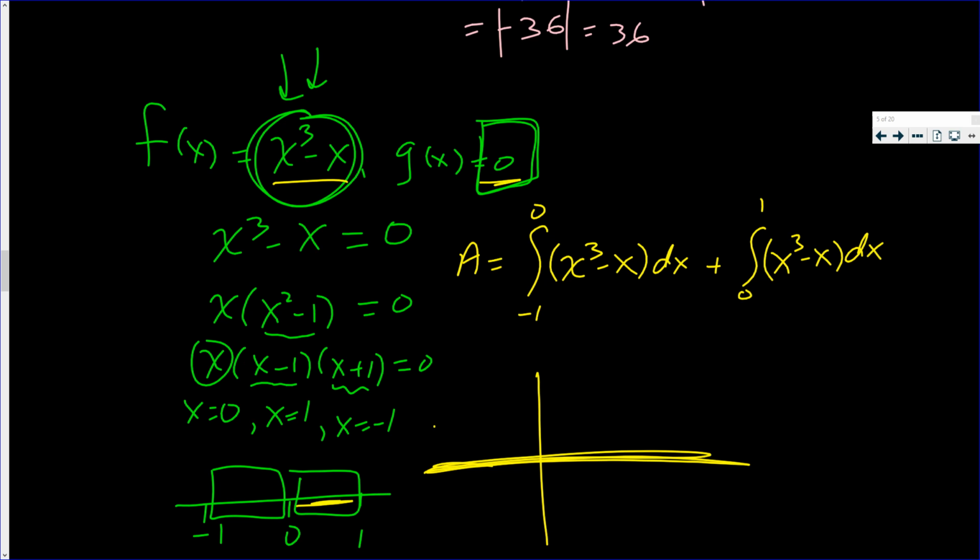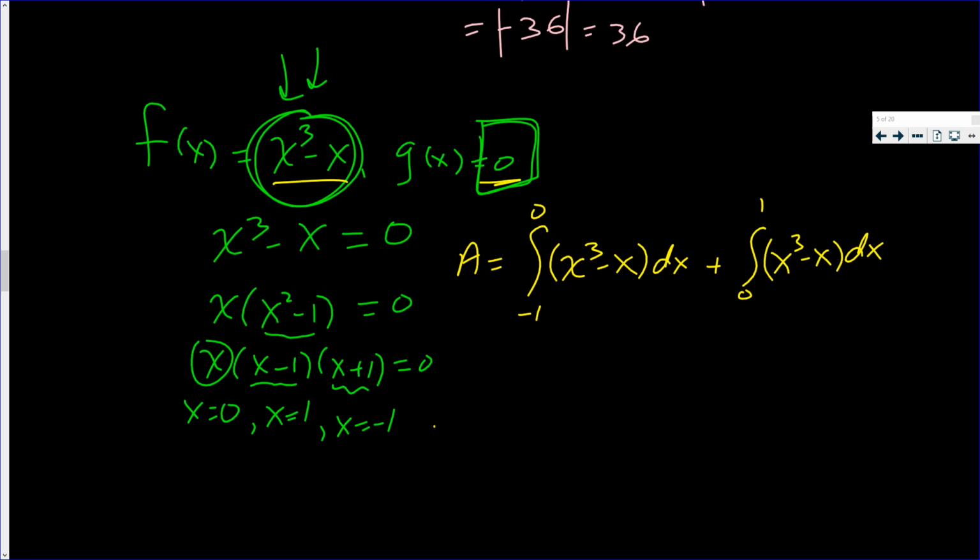Maybe at 1 it just touched. I meant to say at 0. Maybe at 0 it just touched. So the green function's always on top. But let's not stress out over that. You don't need to graph it. That's nonsense, graphing it. Do the next problem instead.